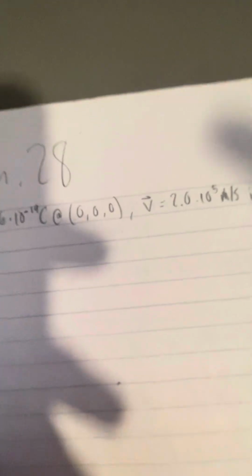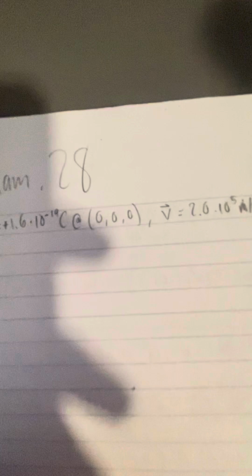It wants us to find the magnetic field B that this proton produces at a certain point, x equals 0, y equals 1 millimeter, and z equals 0.